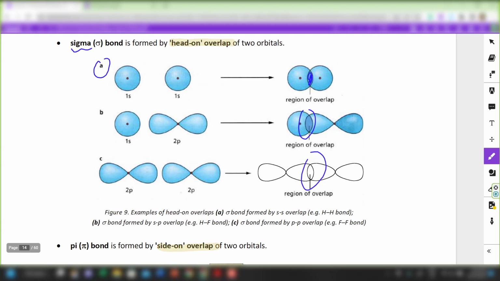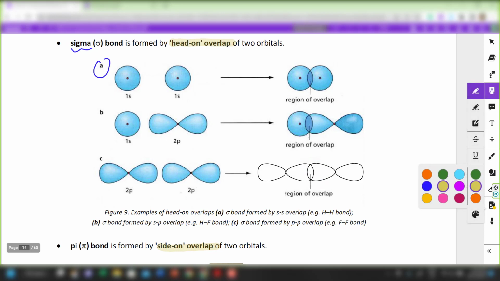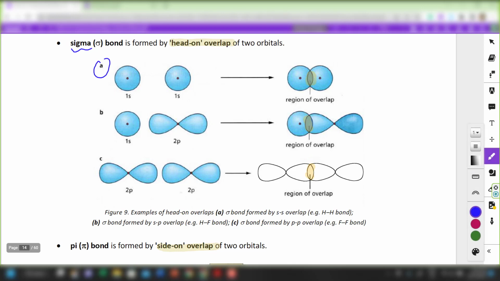Okay, the overlapping region. If I'm going to highlight it, maybe in yellow, this will be the region of orbital overlap. You don't need to shade it when you illustrate, but it will be good to know what exactly we mean by the region of orbital overlap.